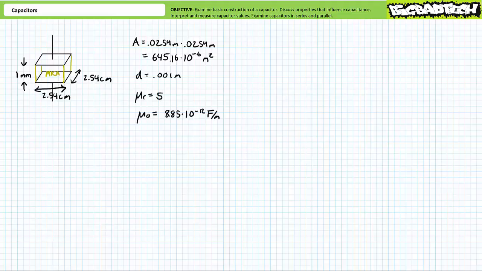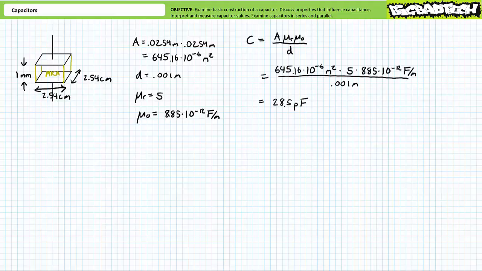Let's say the plates are separated by a distance of 1 millimeter, or 0.001 meters, and the space between the plates is filled with mica having a relative permittivity of 5. What's the capacitance of this capacitor? Substituting our given values into the capacitance construction formula, we arrive at a capacitance value of roughly 28.5 picofarads.